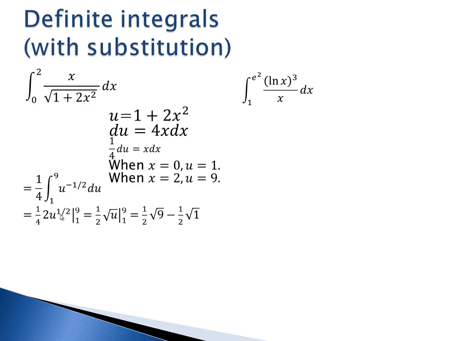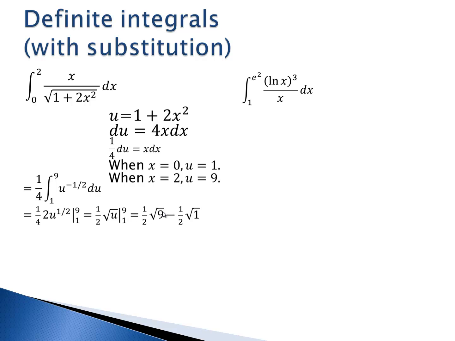Dividing by 1/2 is the same thing as multiplying by its reciprocal, that's 2. So we get 1/4 hanging around out front times 2. And I'm going to go and write that as 1/2 square root of u. U to the 1/2 is square root of u, this time not in the denominator because we've added 1 and now it's positive. And then we're evaluating that from 1 to 9.